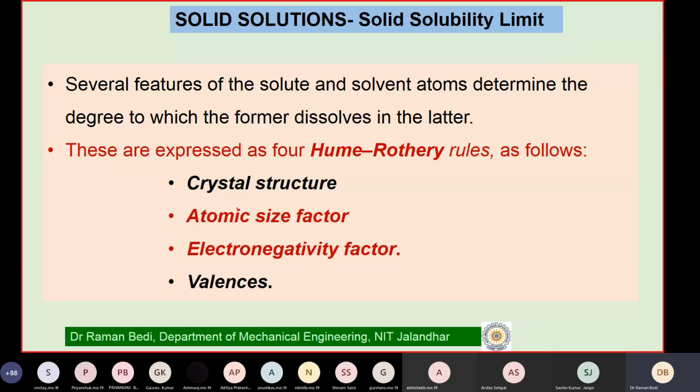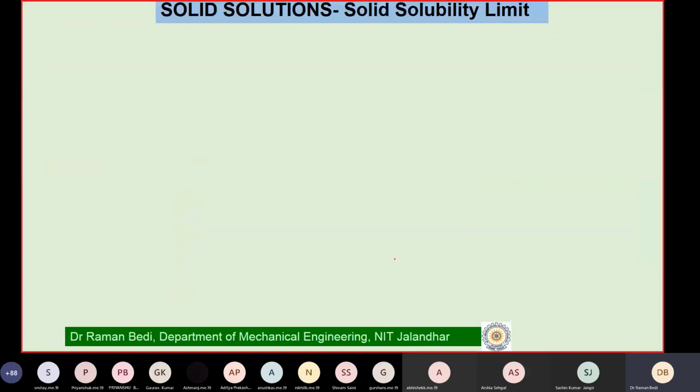The four important parameters are crystal structure, atomic size factor, electronegativity factor and valence factor, for solute and solvent atoms. These dictate whether they will form an alloy or not.